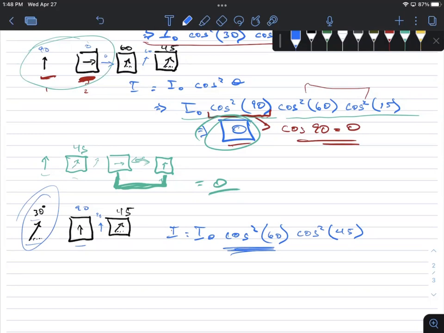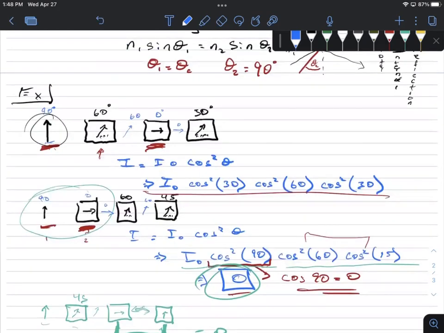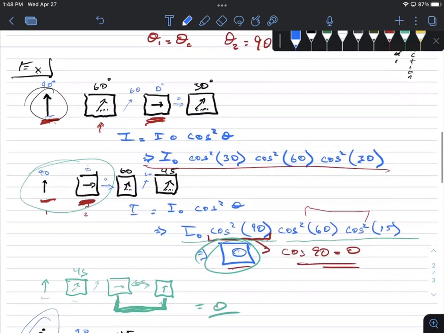Wait, can you explain it again? Yeah. So if you notice for all of these, I always start at 90. And so the very first filter, for this example at the top here, I'm going from 90 to 60, which is an angle of 30. But the light doesn't have to start vertically. It could start at any angle, just like all the filters can be at any angle.